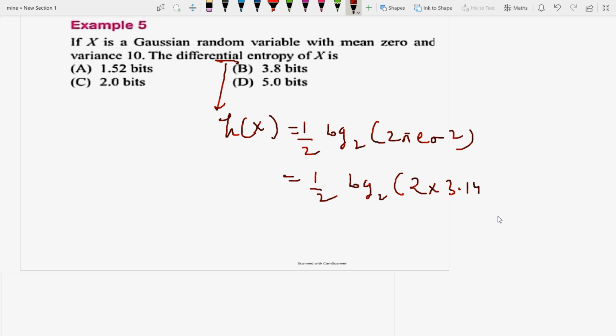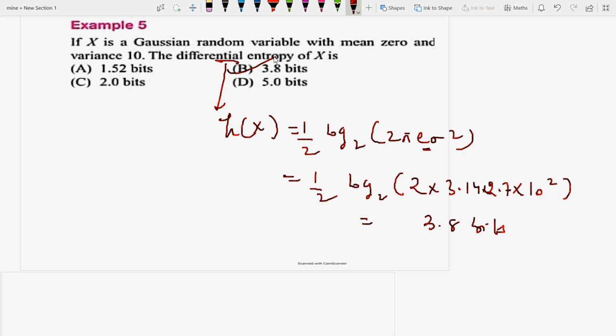Sigma square is variance, so it is 10 square, 100, and e is the natural logarithm, equal to 2.7. When you solve it, you get 3.8 bits.